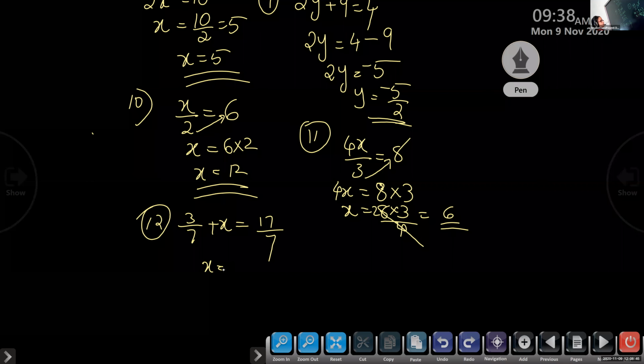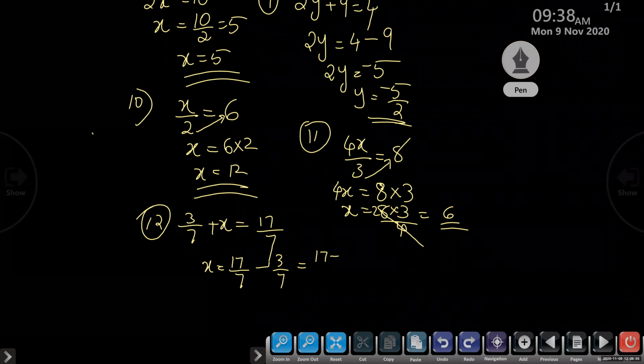X equal to 17 by 7 minus 3 by 7. That is 17 minus 3, with the common denominator. So we get 14 by 7. 14 by 7 is 2. So x equal to 2.